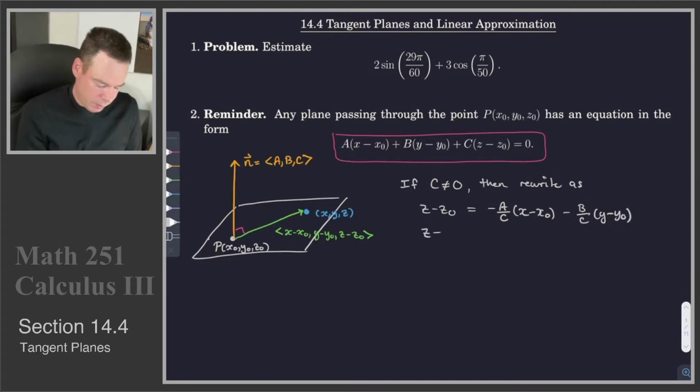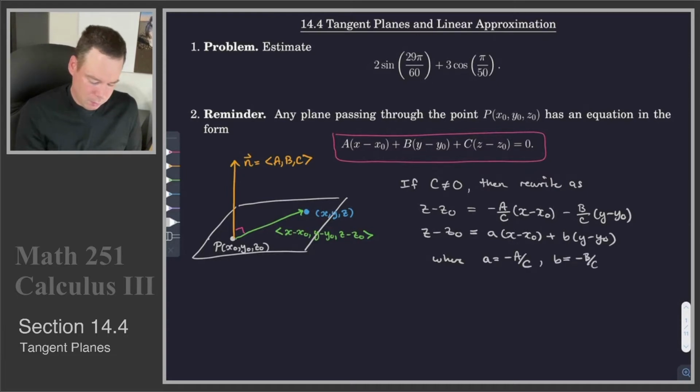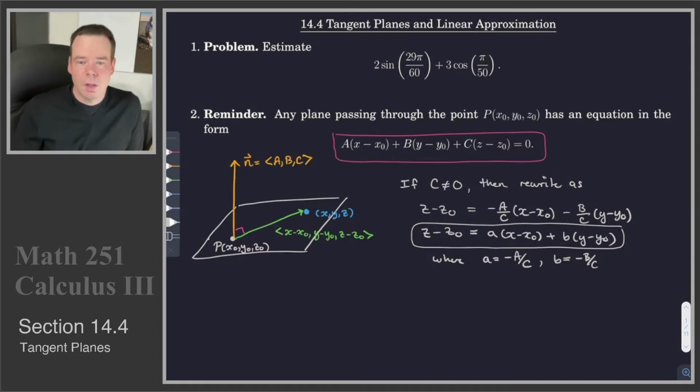Or we could write this as little a, times x minus x0, plus little b, times y minus y0, where little a is negative big A over C, and little b is negative big B over C. So we've just rewritten our equation of the plane in this form. And you may ask, why did we write the equation of the plane in this form? Well, we're interested in finding a tangent plane to a point on a surface.